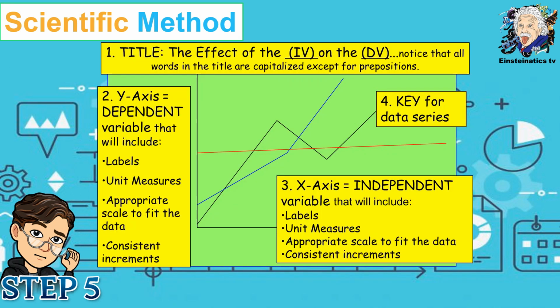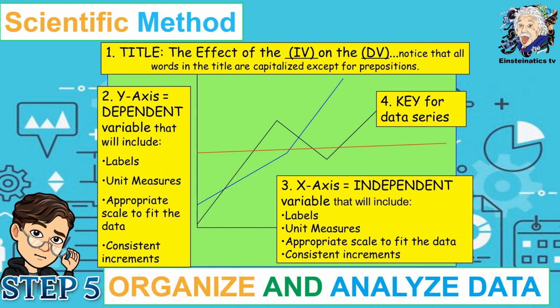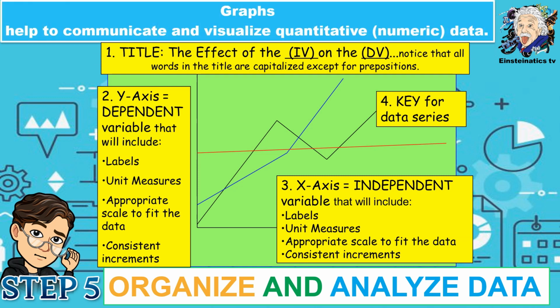Now, in creating a chart, you have these four vital pieces of information that should be present. There should be the title, which shows the effect of the independent variable on the dependent variable. The y-axis represents the dependent variable, and the x-axis represents the independent variable. And another important thing to consider is the key for data series, or the legend.